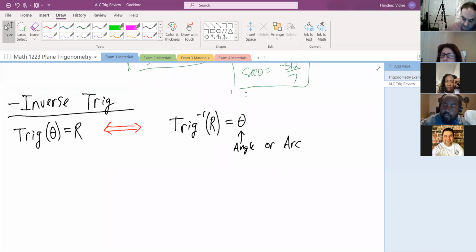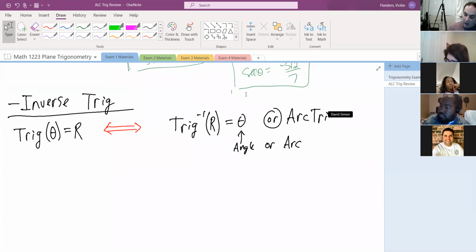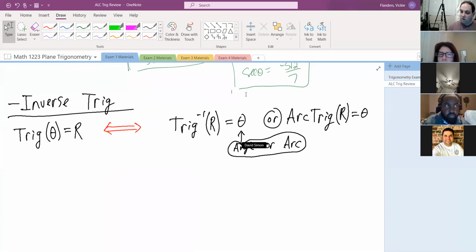Because the answer to an inverse trig function is an angle, which is also considered an arc, sometimes they call them arc functions. So instead of writing the -1, I could write arc of whatever the trig function is, of the ratio, would give me the angle.